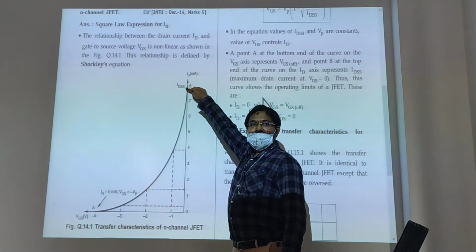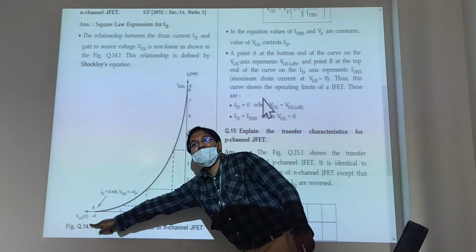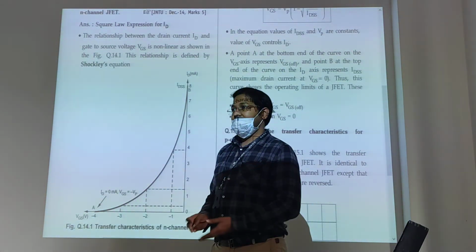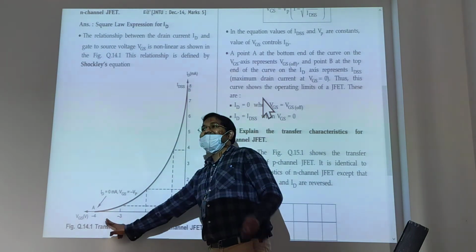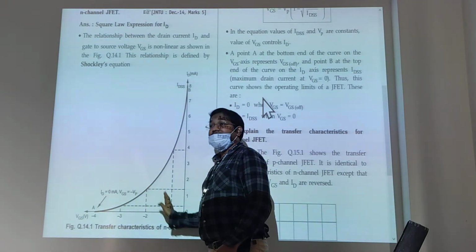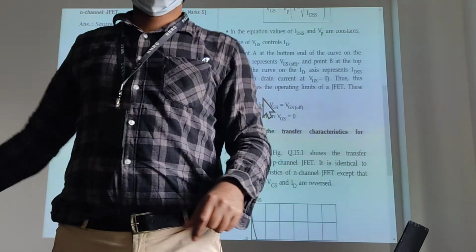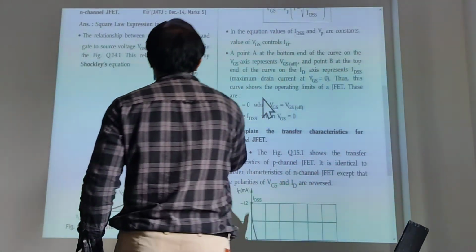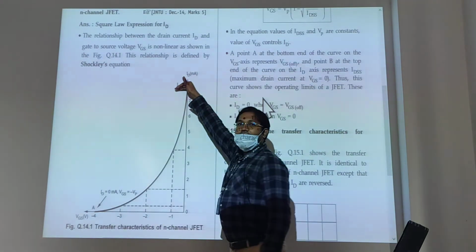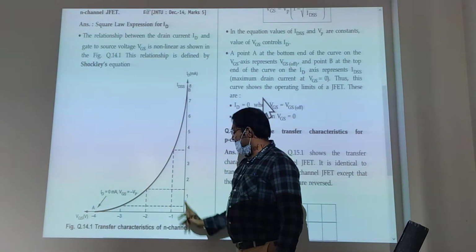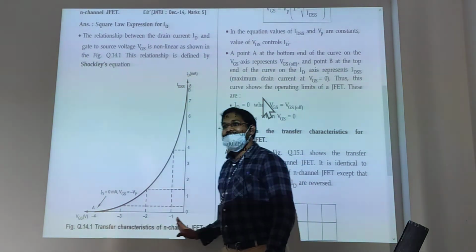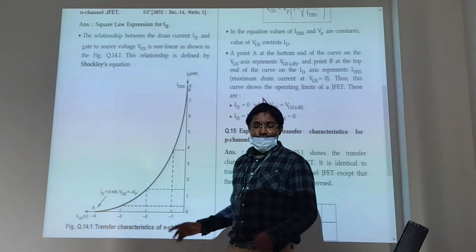At IDSS, the corresponding VGS is 0, isn't it? This is the transfer characteristics. What we have just seen is our drain characteristics. This is the transfer characteristics. At IDSS, the corresponding VGS is 0, right? Remember.